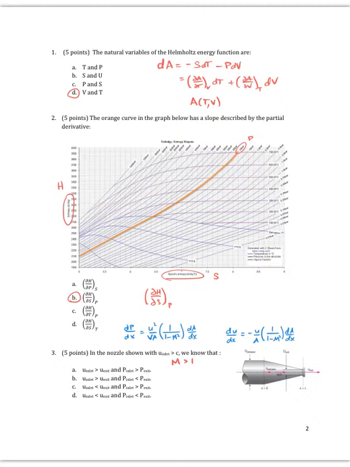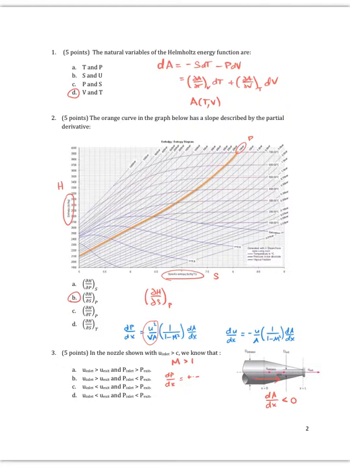And in the nozzle shown here, what I have is that the area, as x increases, the area decreases, so dA/dx will be negative. And so if I look at dP/dx, I have a group here that is all positive. 1 over 1 minus M squared, well, M is greater than 1, so that is going to be something negative.